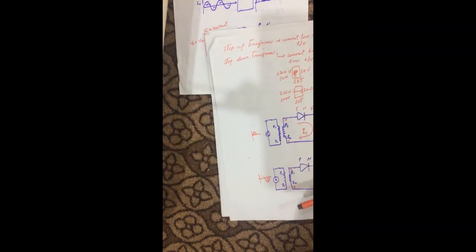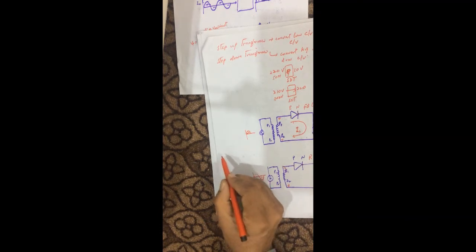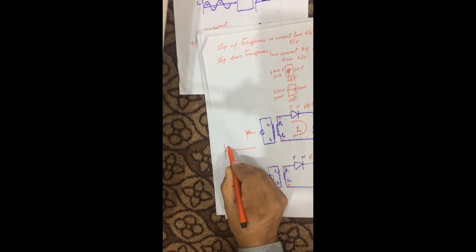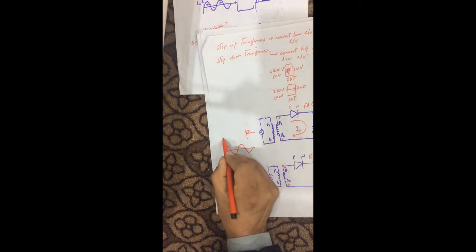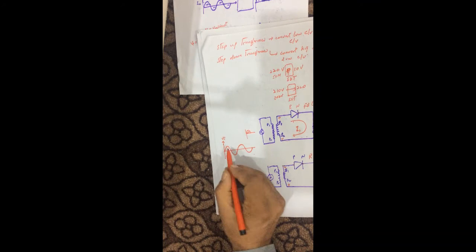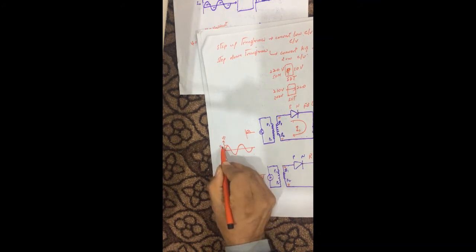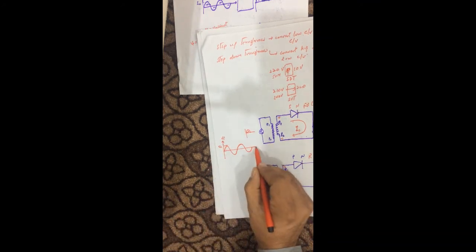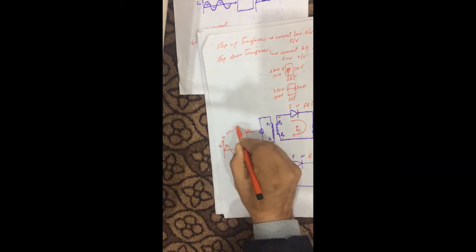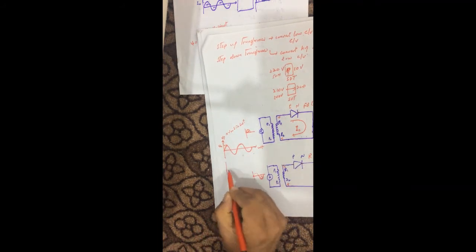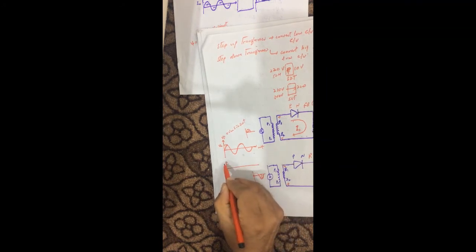So if this is my input voltage, and this is the maximum value of voltage Vm, and this is omega t, then Vi will be equal to Vm sine omega t. Now the output voltage will be of this type. This is my V out.